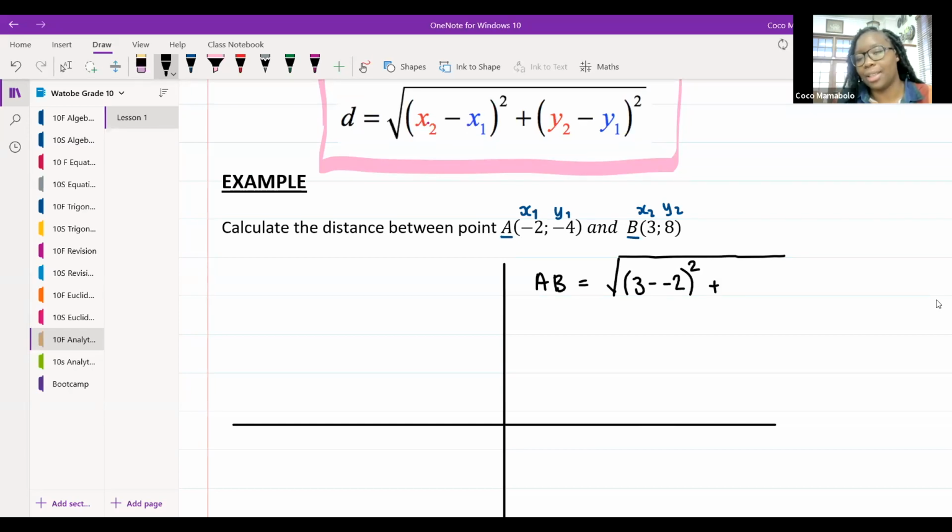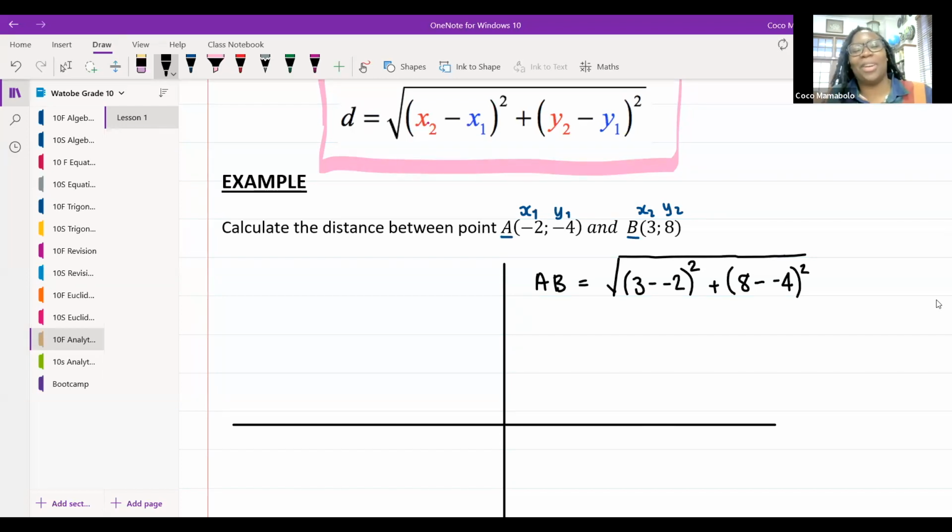Squared plus y2, which is 8. Minus -4. Good. And what's left? Squared. Close bracket squared. Good. So I don't have to recap because clearly you've got the right answers for me today.